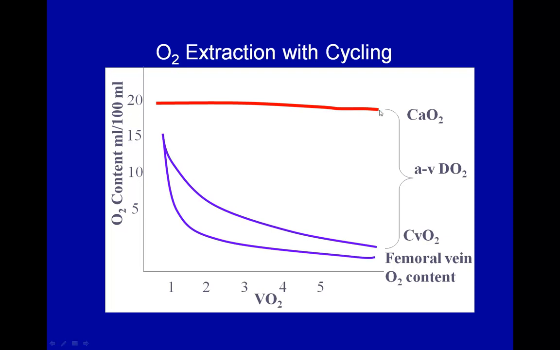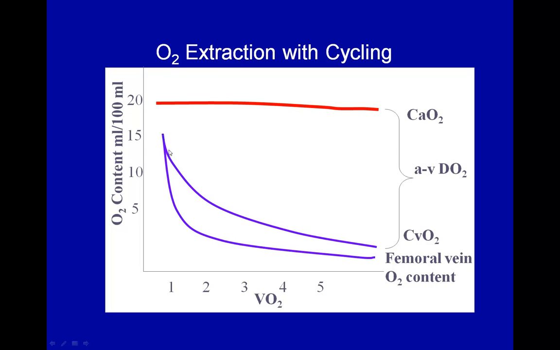And this is probably in an athlete who really is very well trained. We notice that mixed venous oxygen drops, and that's because we're increasing that AVO2 difference. In other words, we started with an arterial content of 20 and a mixed venous of 15, so if you did your math, you have an AVO2 difference of 5 at rest.